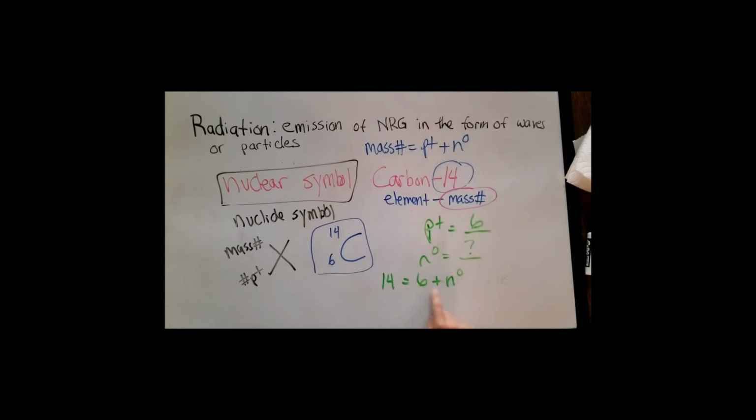To figure out the number of neutrons, we just need to take the mass number of 14 and subtract out the protons, because whatever's left is going to be the neutrons, because the electrons' mass was so small it was negligible, so we didn't count it. So we have the neutrons, what is that, 8? So we have 6 protons, 8 neutrons, add them together, and we should get the total mass of 14.